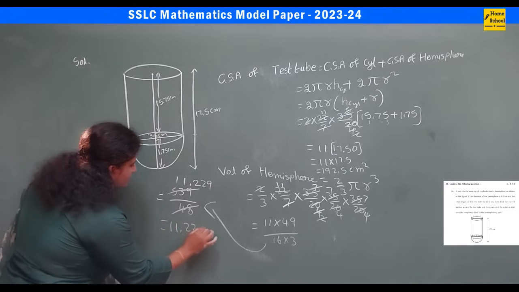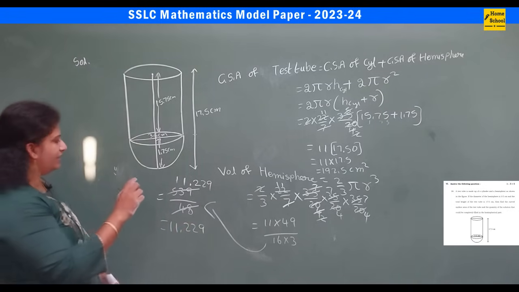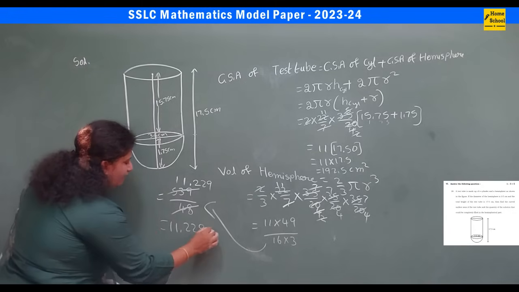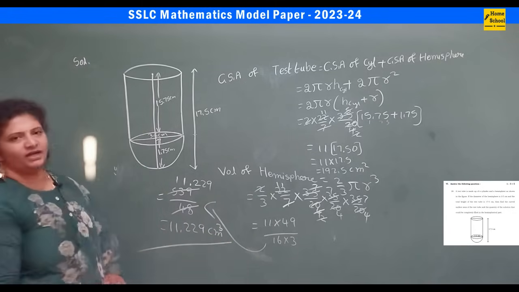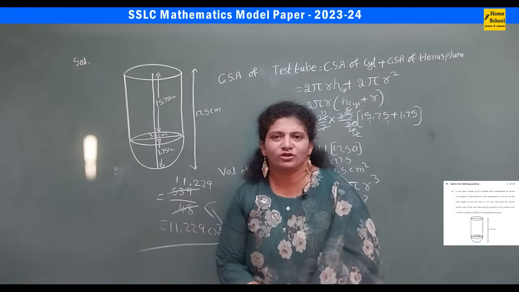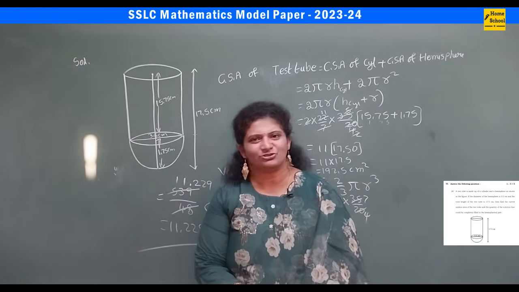Therefore, finally, the volume of the hemispherical part in the test tube is 11.229 centimeter cube. Right? And with this, we are going to complete your SSLC model question paper solutions.